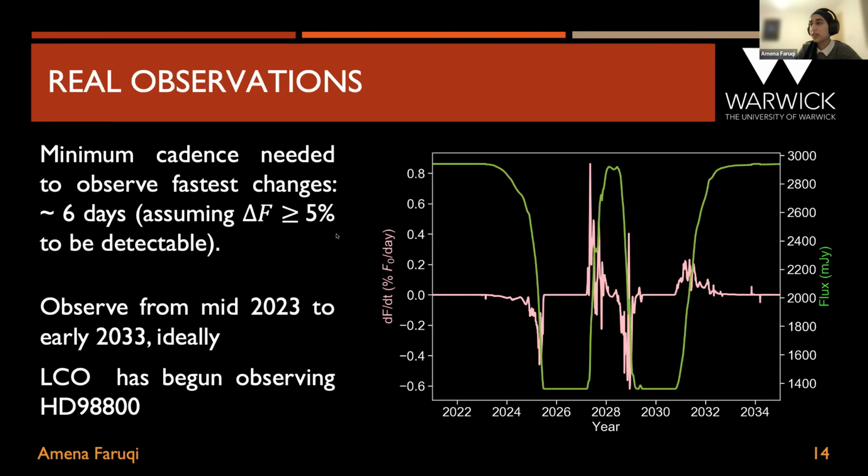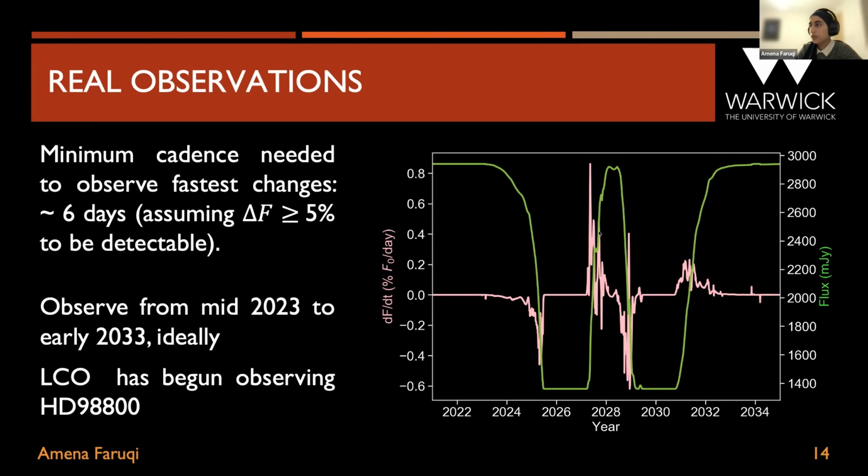I mentioned earlier that this type of work could also be beneficial to informing real observations of this system as well. By looking at a light curve like this, we can also calculate the rate of change of flux over time and come up with an estimate for what cadence we would need to take observations at, specifically when the fastest changes are occurring.